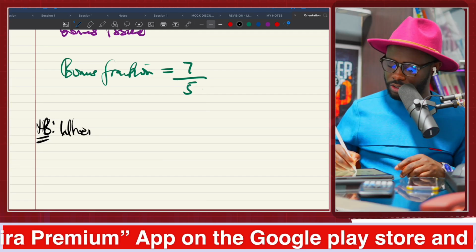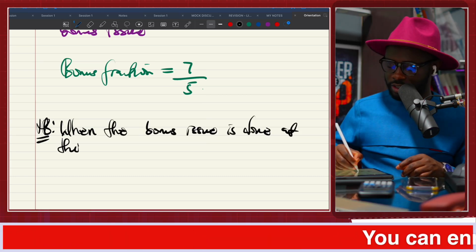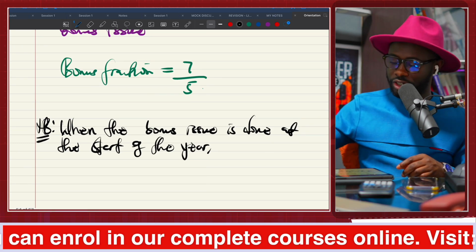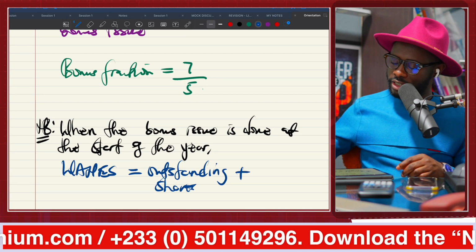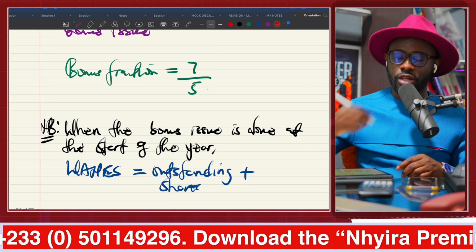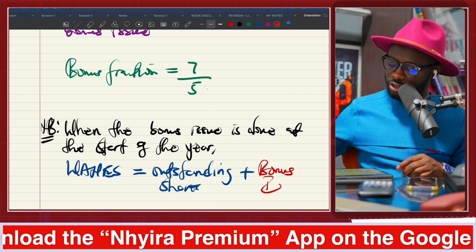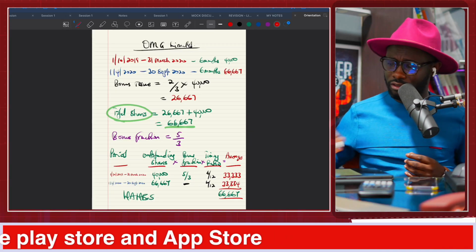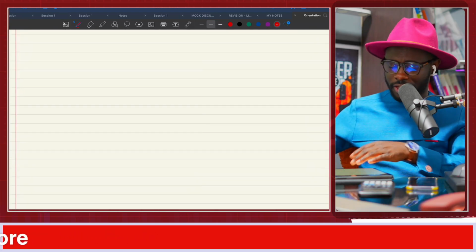So when the bonus issue is done at the start of the year, your weighted average number of equity shares would just be the outstanding shares plus the shares issued in respect of the bonus issue. That's all. So let's get to the final part, which is going to be issue at full market price.